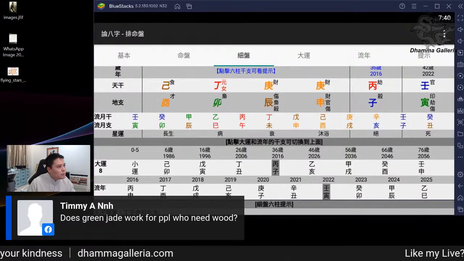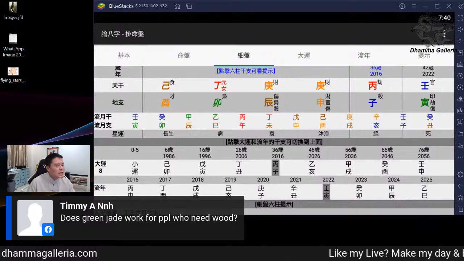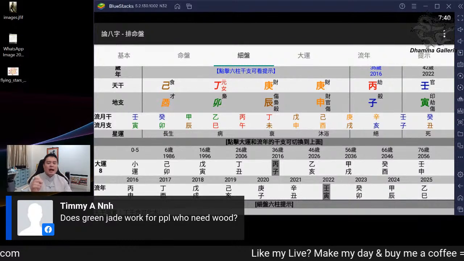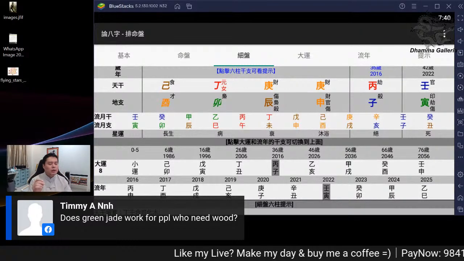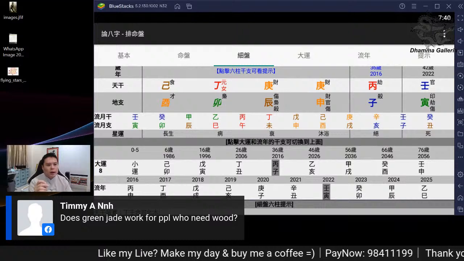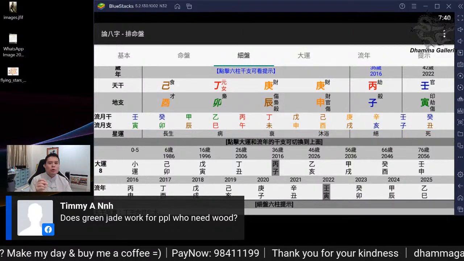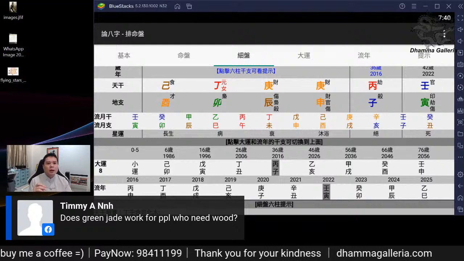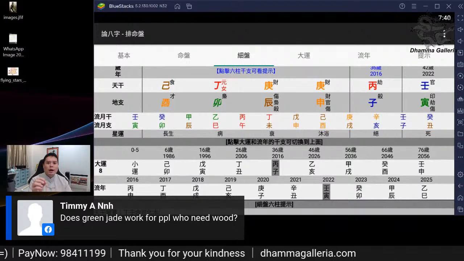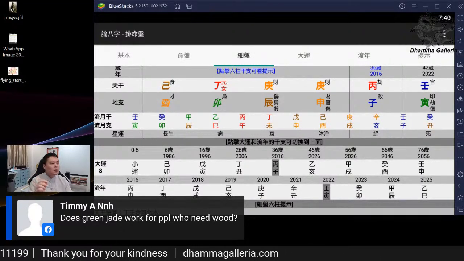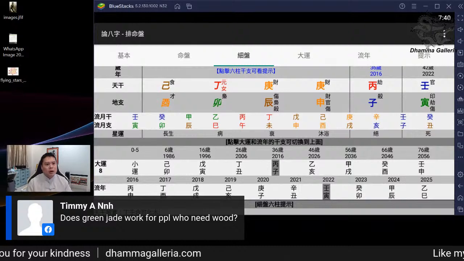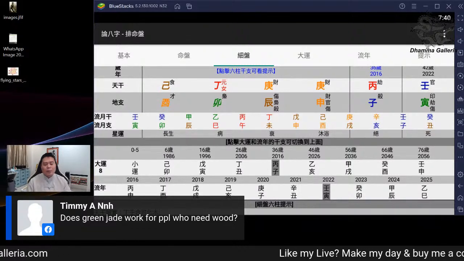Does green jade work for people who need wood? I would say you have to find that kind of crystal that is of the 那种叫做木的化石，OK。I don't know what is it called in English, but it's the 木那种化石啊。Crystal is basically of the stone or the earth elements, okay?